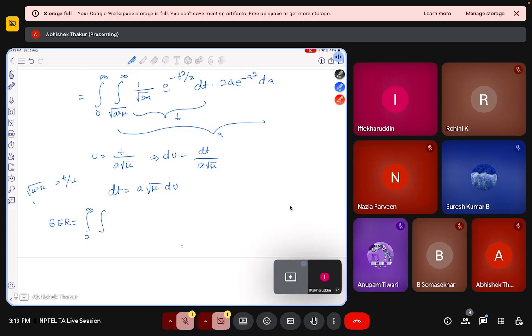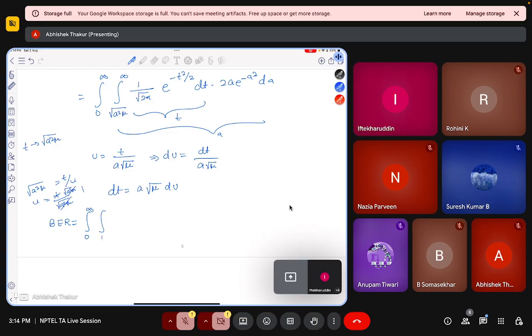Okay, and this is the lower limit, t tends to a square root of a square mu. So when t is a square root of a square mu, u is equal to t by a square root of mu, so u will be 1.